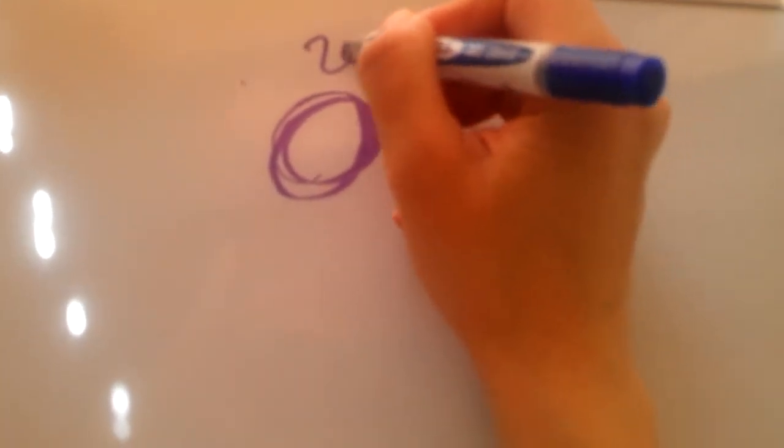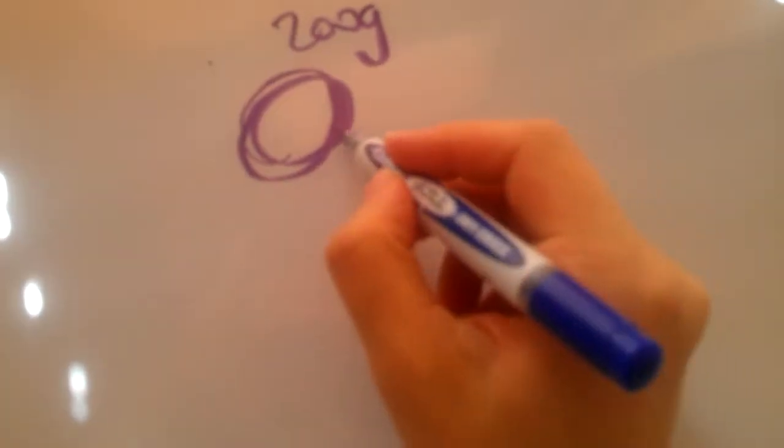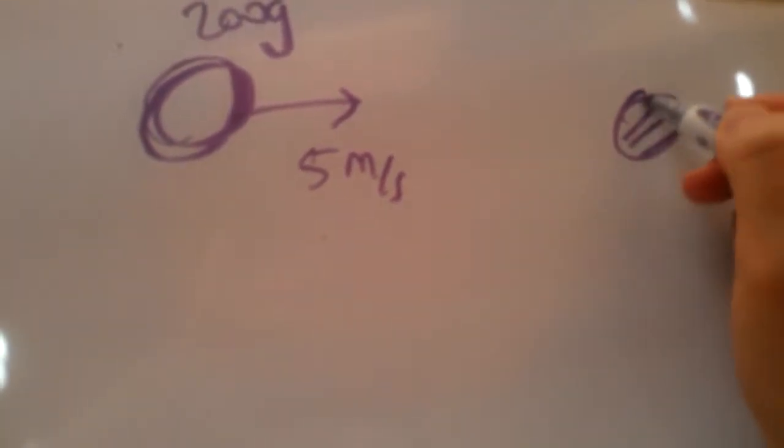The other kind of kinetic energy questions are collision problems, where you have before and after collisions. So let's do those problems a little bit together. I have these billiard balls, and one of them is about 200 grams, and it's going at 5 meters per second, and the other is at rest.